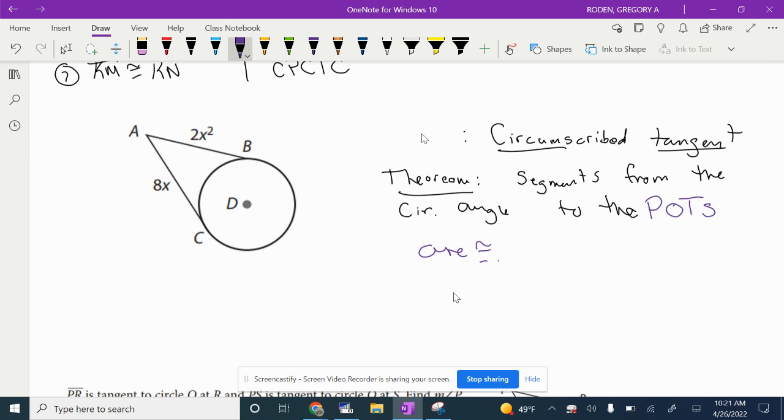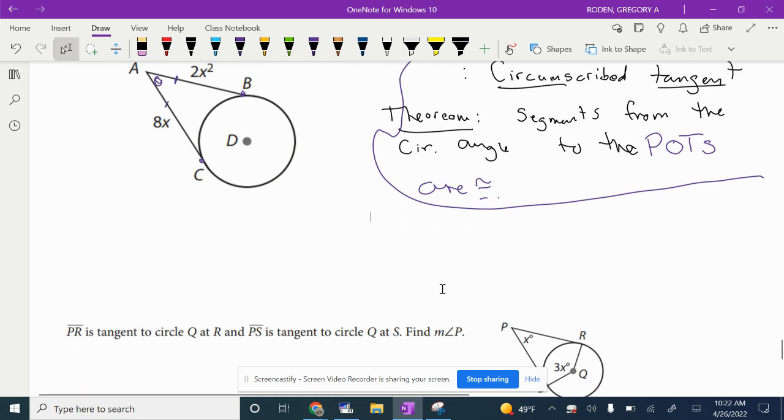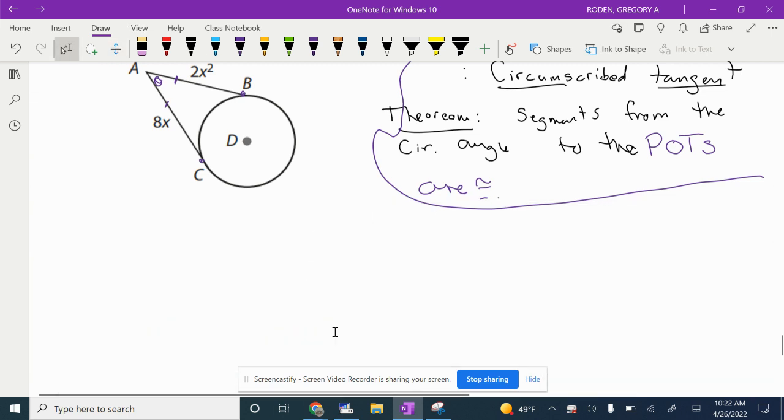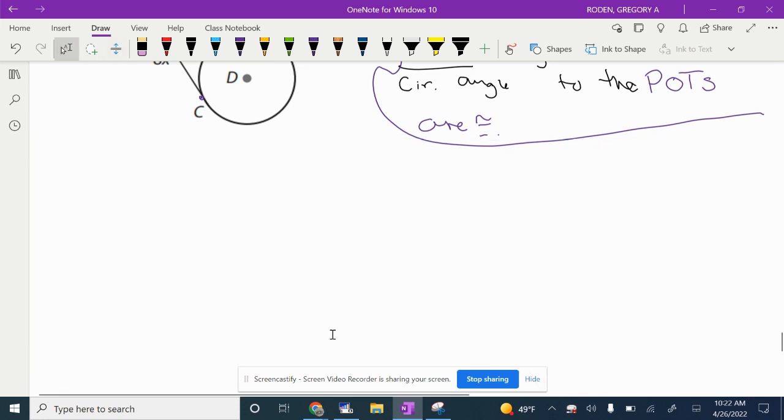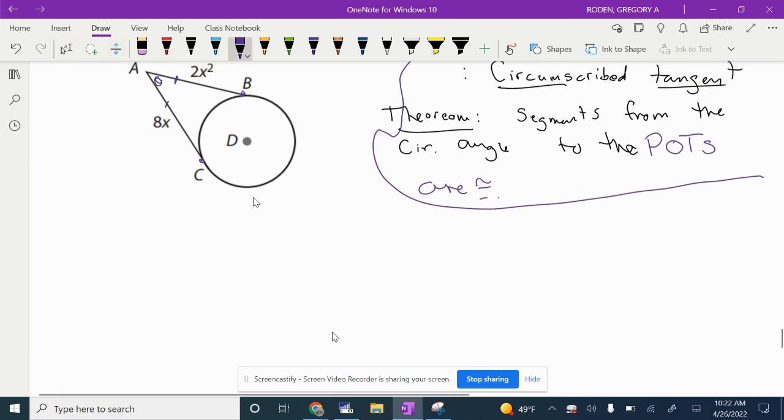So we know that by this theorem we just proved, the segments from the circumscribed angle, in this case theta, to these two points of tangency are congruent, right? So therefore, by this theorem that we just formally proved, we can now write an equation. You guys understand that? So Kaylee, can you please pull a stick, and this student's going to tell us the equation to write.